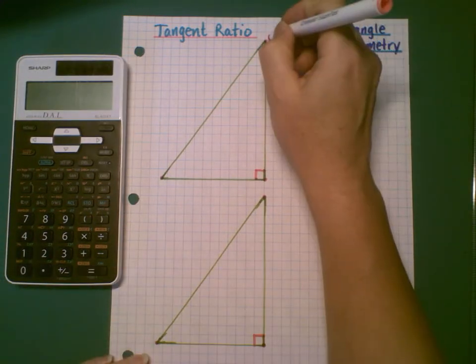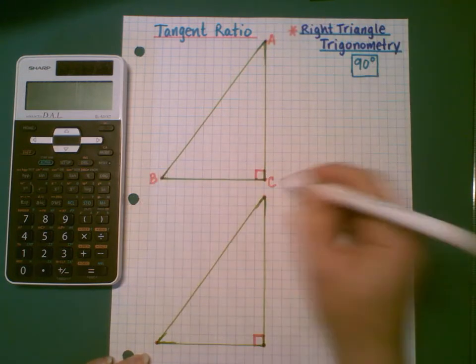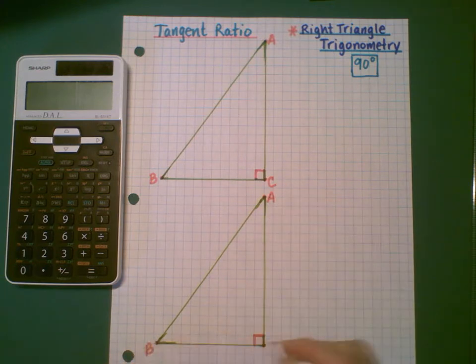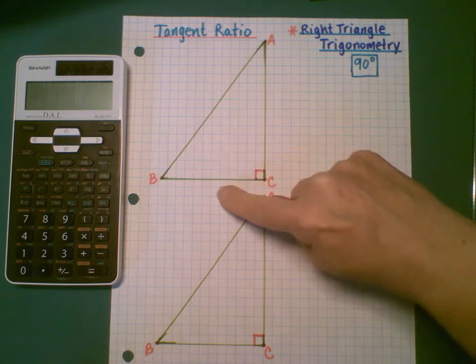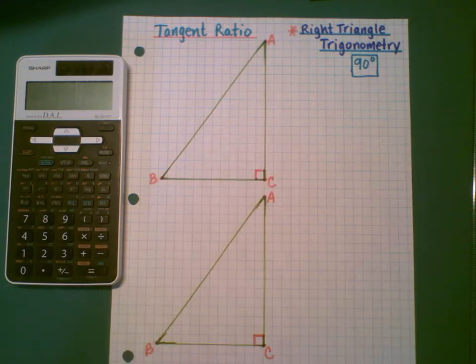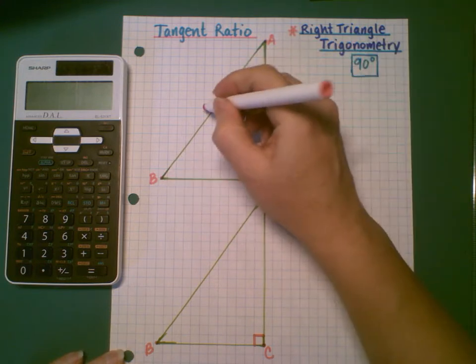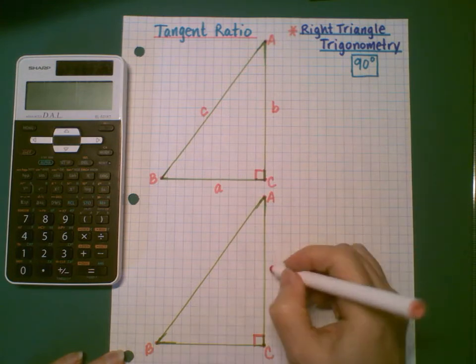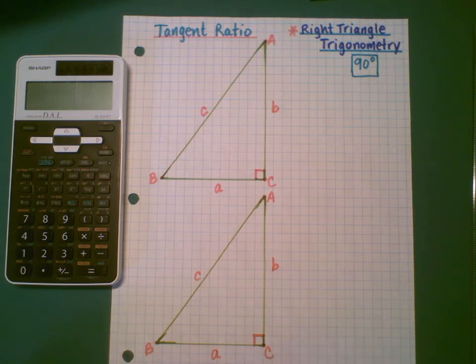So I'm going to call this one up here A, B, and I'm going to label the right angle C. And the side opposite each of those angles will have the same letter but lowercase. So lowercase b opposite angle B.